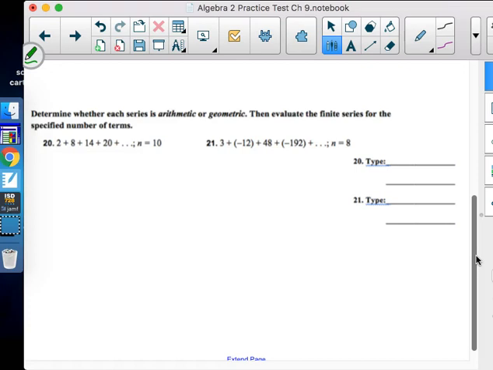Take a look at 20. Arithmetic? Is it? What are they adding every time? So you just told me what d is. We're going to put arithmetic over here. Now, for arithmetic problems like this, you're going to have to write the rule.